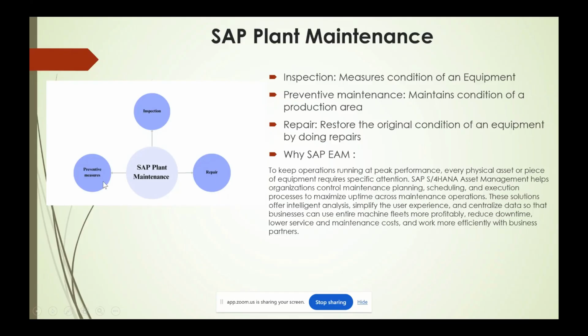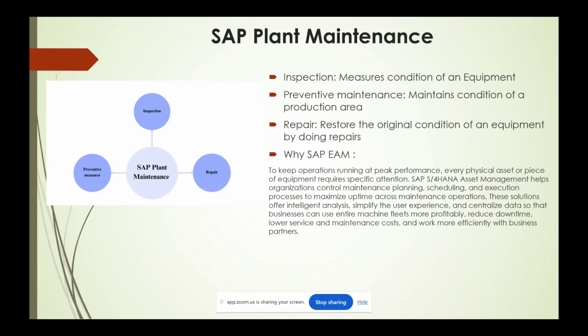You will be defining some set of instructions, conditions, or tasks that need to be performed at regular intervals to ensure the ideal working condition of a machine, so that you can avoid the breakdown of an equipment. The measures which you take to avoid breakdown of an equipment are called preventive measures.